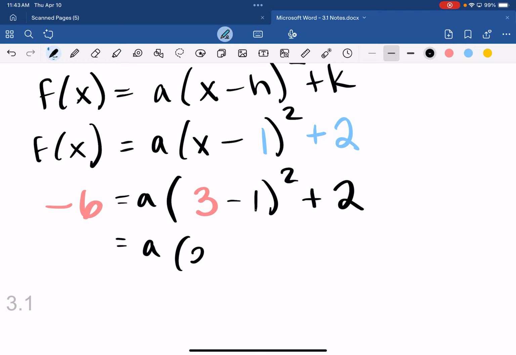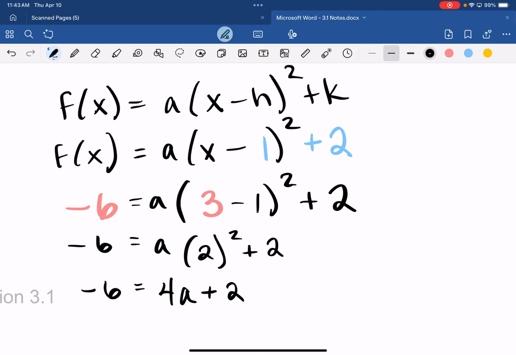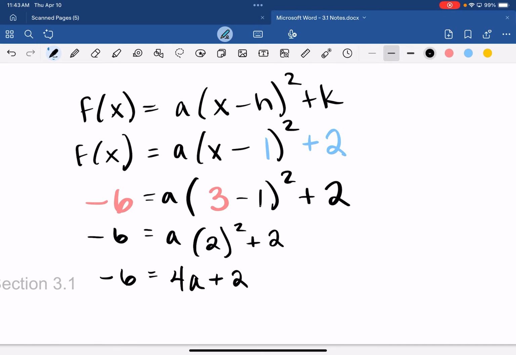3 minus 1 gives me 2. Bring everything else down. So we have 4A, which equals negative 6. Minus 2 on both sides, I should stay in order. So I have negative 8 equals 4A.